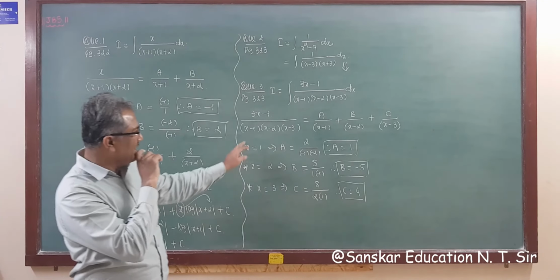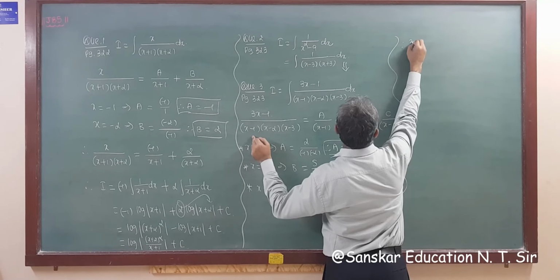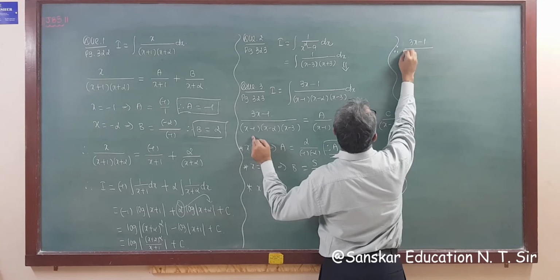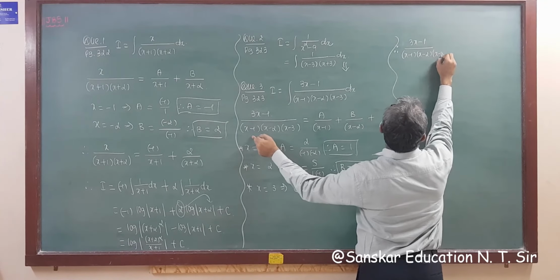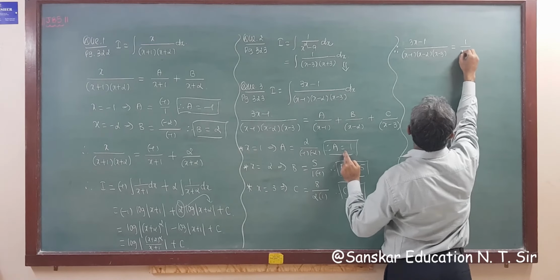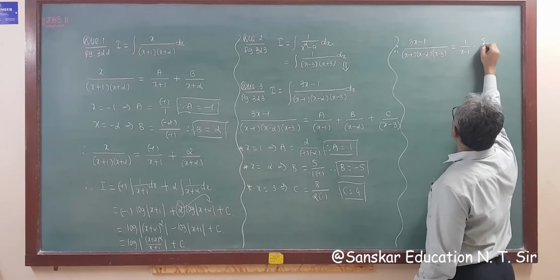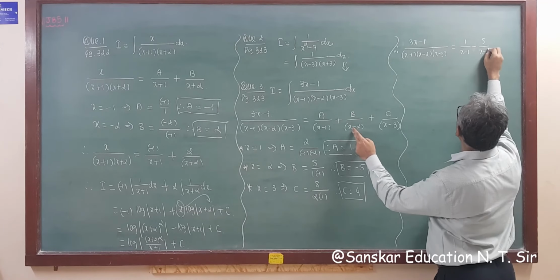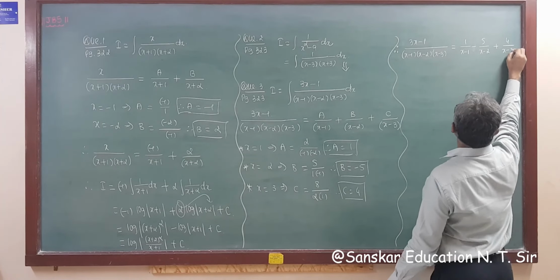So substituting the values of A, B, C here, what we get? Therefore (3x minus 1) whole upon (x minus 1)(x minus 2)(x minus 3) is equal to A, and A is 1, so 1 upon x minus 1, plus B, and B is minus 5, so minus 5 upon x minus 2, and C is 4, so plus 4 upon x minus 3.